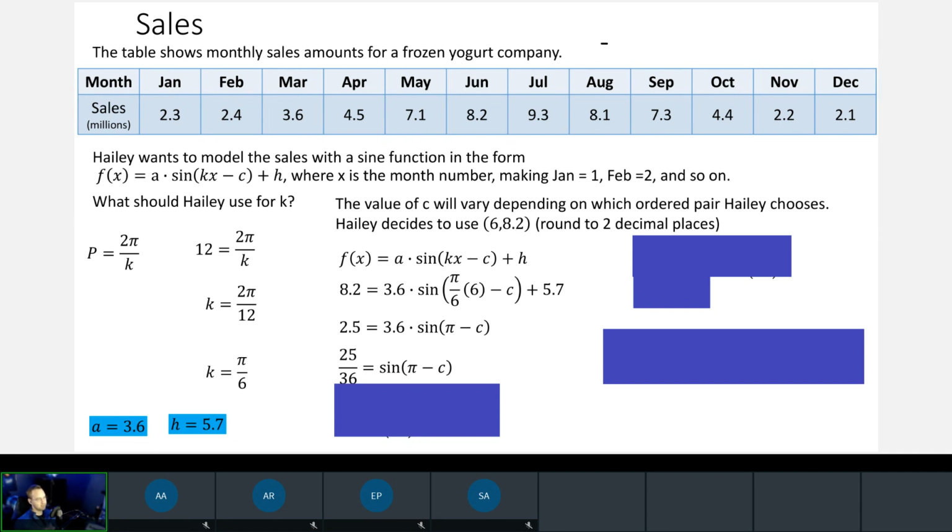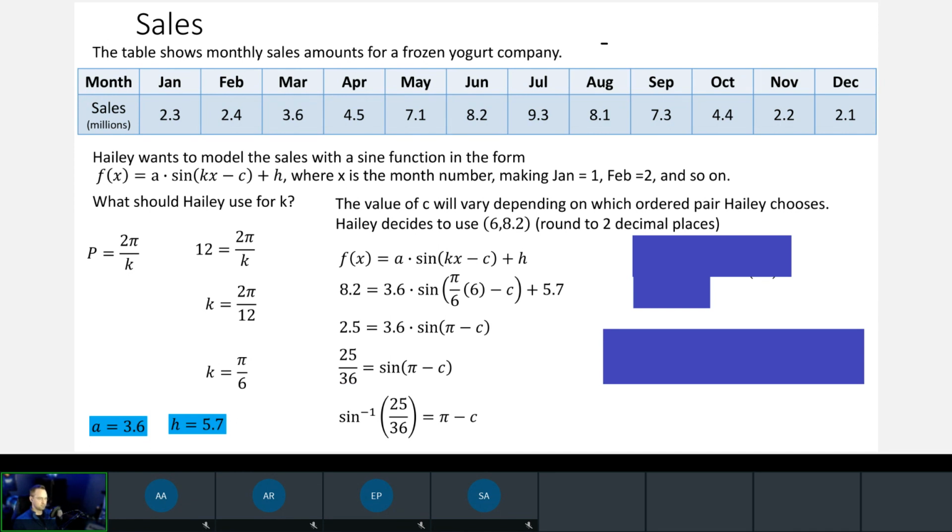Well, sine and arcsine, those are opposites, and they undo each other. And we know that from geometry class from sophomore year. So we arcsine both sides. So arcsine of the left side, arcsine of the right side, and arcsine and sine cancel out, they undo each other, and the stuff inside just carries down as pi minus c.